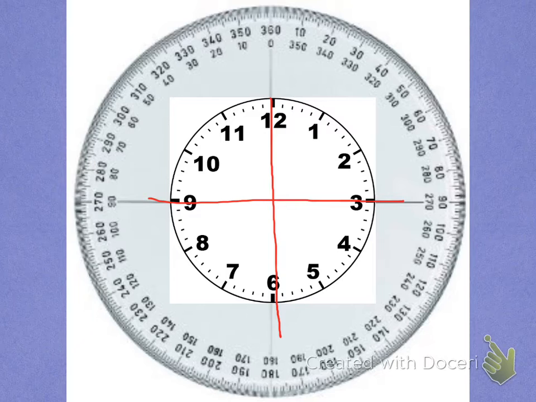All right? So if we did a half turn, that would be 180 degrees. 3/4 of a turn would be 270. And then, of course, a full circle would be 360. So if we go 3/4, it's going to be 45 minutes on the clock.